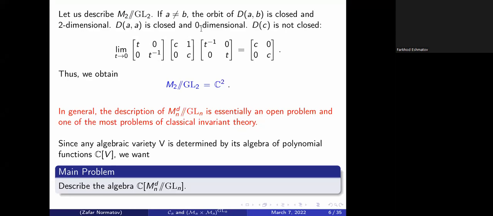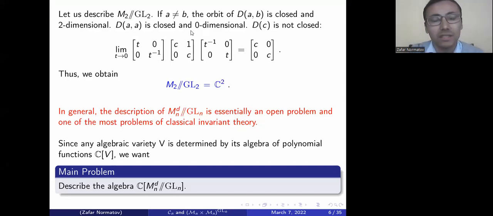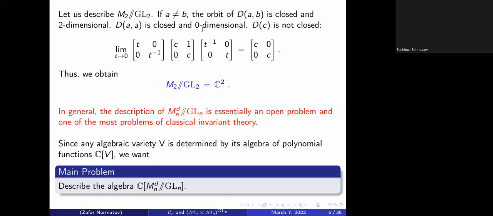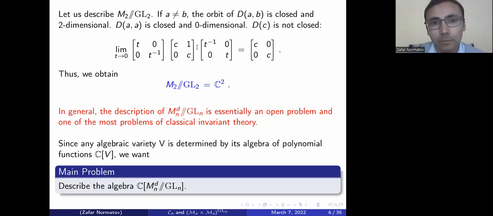However, D(c) is not closed, because if we take the following conjugation and take the limit, we get this point, and it is outside of the set D(c).